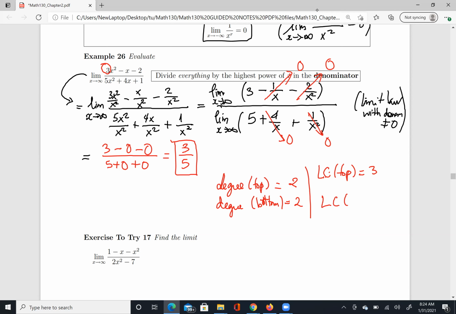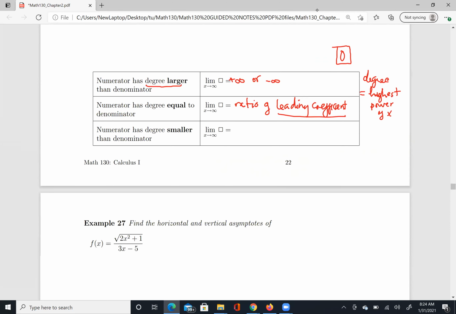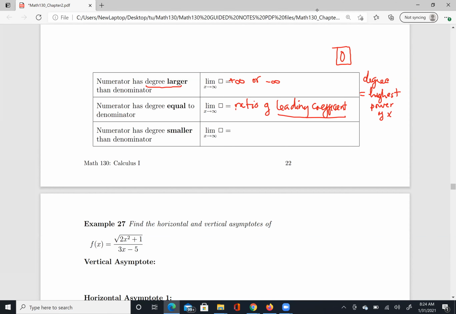Leading coefficient of the bottom is equal to the constant next to the highest power of x, which is 5, right? And that's the reason why the value of the limit here will be equal to 3/5. See that? So it is the ratio of leading coefficients. We just put 3/5, using the leading coefficient of the top divided by the bottom.